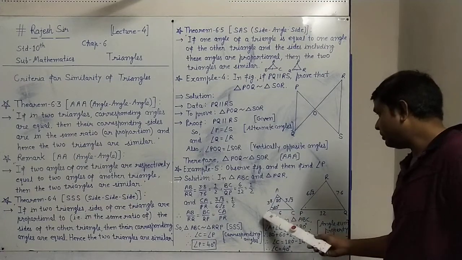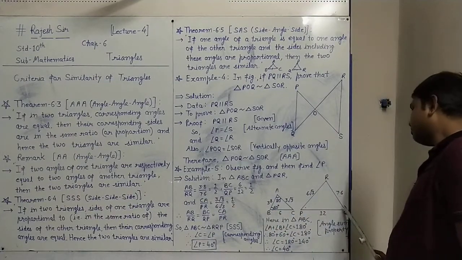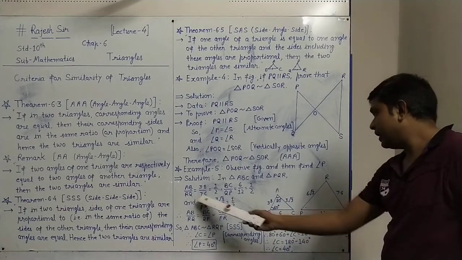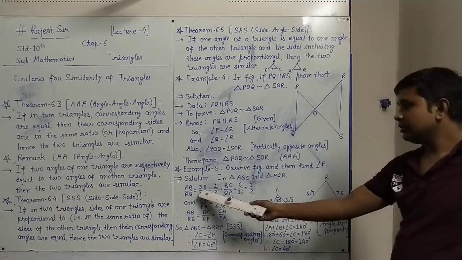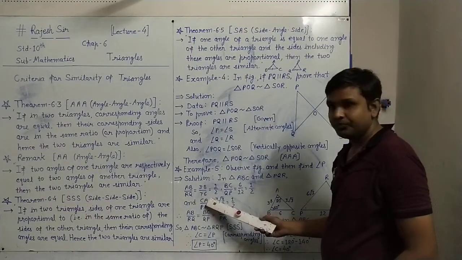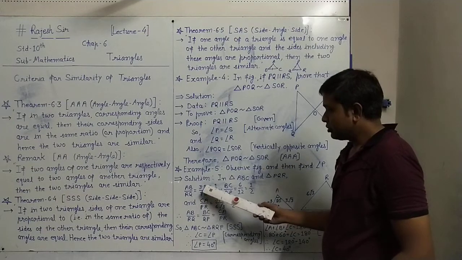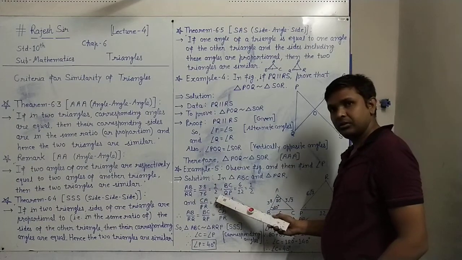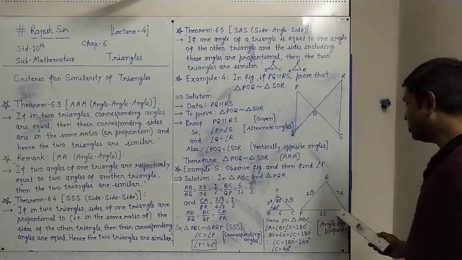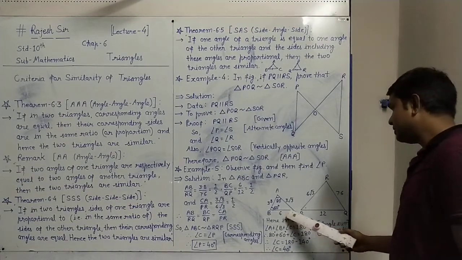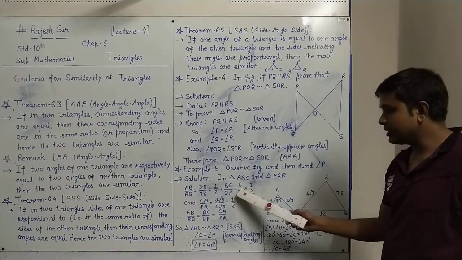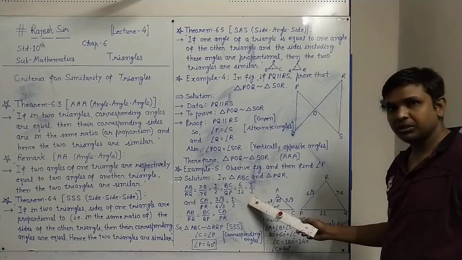If we take AB upon RQ, AB is 3.8 and RQ is 7.6, so 3.8 upon 7.6; 38 twos are 76, and the point cancels. So the ratio is 1 upon 2. Next, BC upon QP: BC is 6 and QP is 12, so 6 upon 12 is also 1 upon 2.